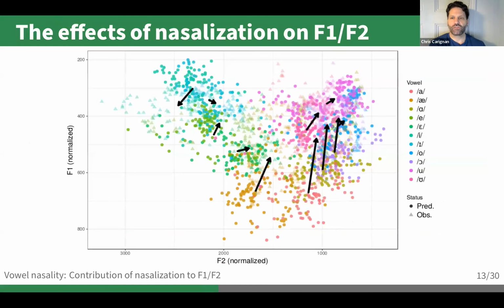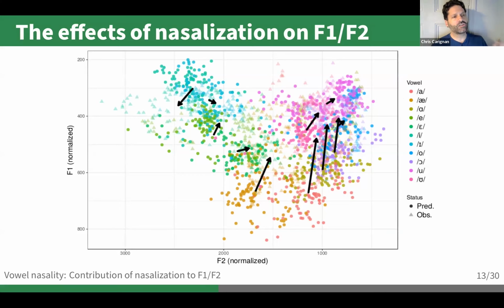Here are the results. So what I'm showing here, I've got all the different scatter plots here. And then I've got the opaque circles, which are the predicted observations, and the semi-translucent triangles, which are the observed observations. But importantly, these arrows are connecting the mean values for each of these different vowel categories, each of these different vowel qualities.